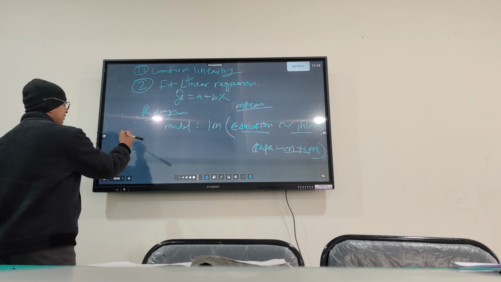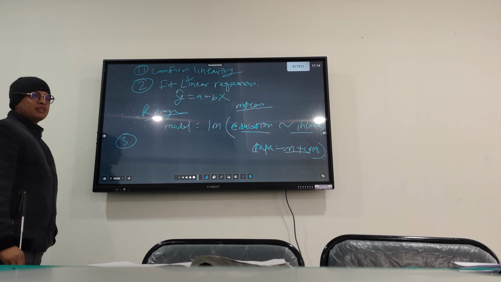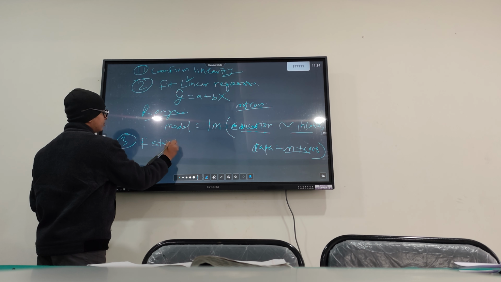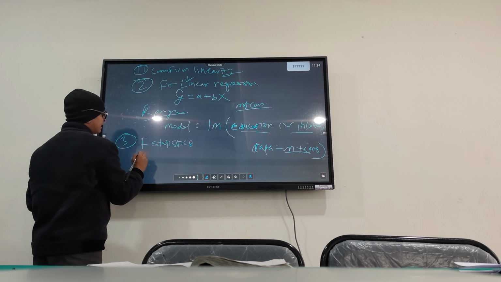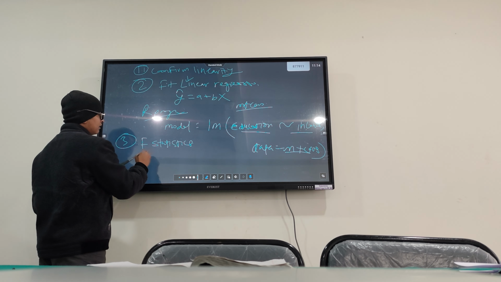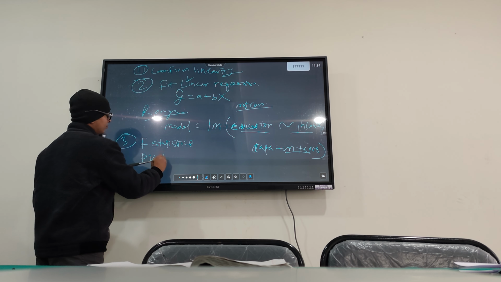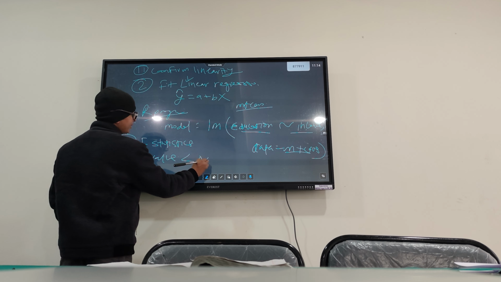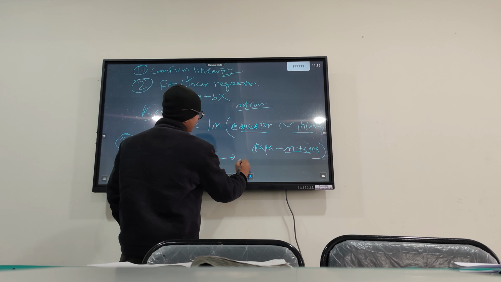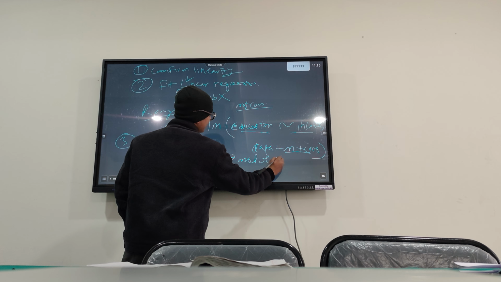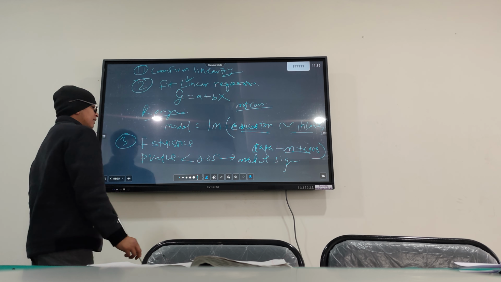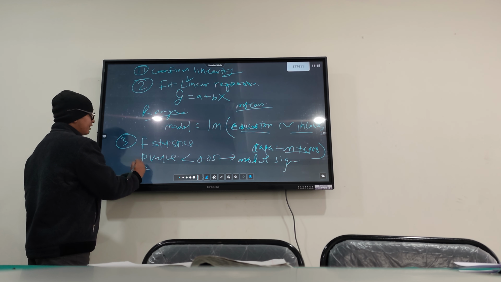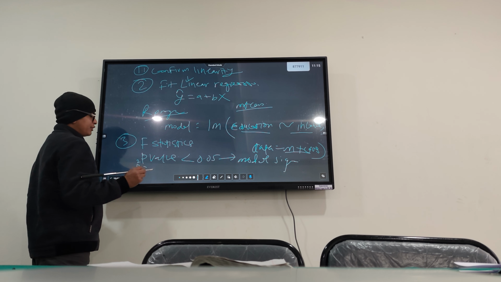Now the third step: there is the F statistic, and then we have to look at the p-value. If the p-value is less than 0.05, the model is significant. We also need to see the R square.